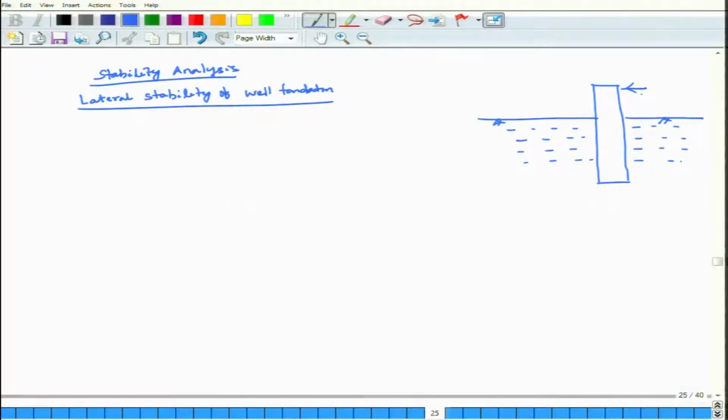So, it has been given for sheet piles or bulkheads, special types of earth retaining structures. It has been given by Terzaghi. It is sometimes called approximate analysis.